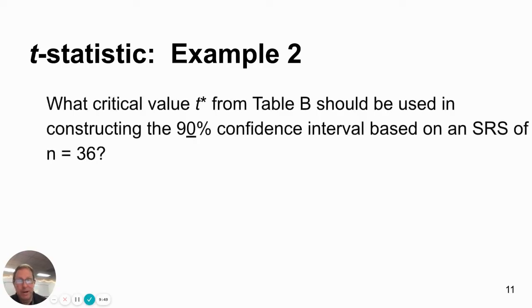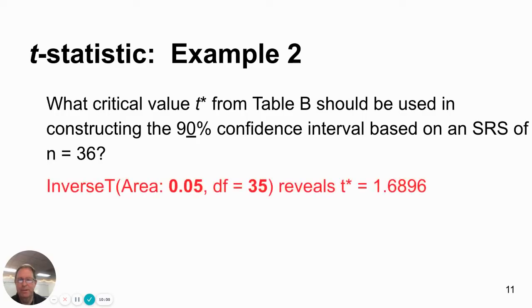What critical t star from the table should be used when constructing the 90% confidence interval based on a simple random sample of n equals 36? Okay, well, we're going to use our inverse t function again. I'm looking for the 90% confidence interval, so the area in my tails is 10%. I divide that by 2, and I get the area in a single tail of 5%, so my area is 0.05.